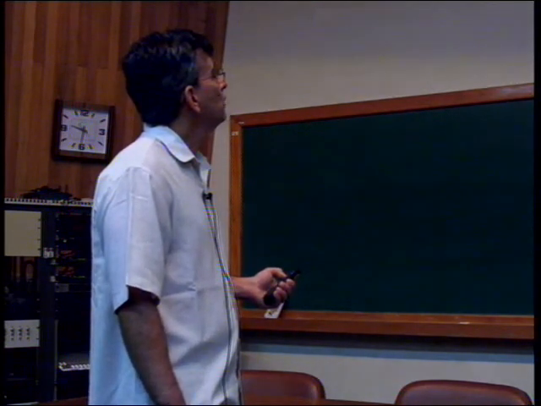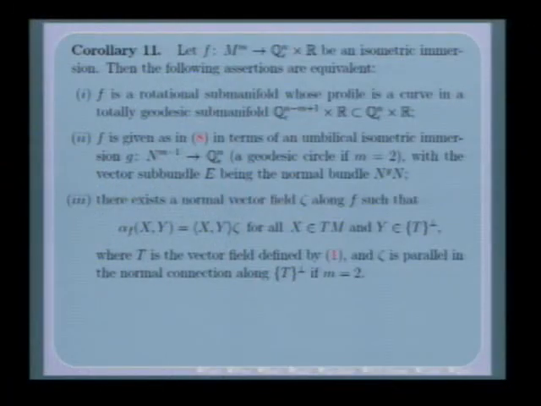They are just the submanifolds in class A which are given in terms of that general construction I showed you, by starting with an umbilical submanifold of the base space. Well, a geodesic circle in the case of 2 dimensions. And they are characterized by this structure of the second fundamental form.